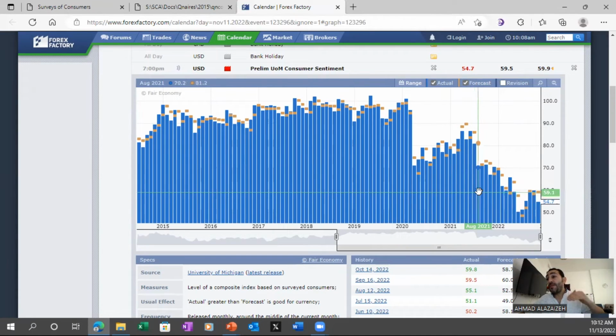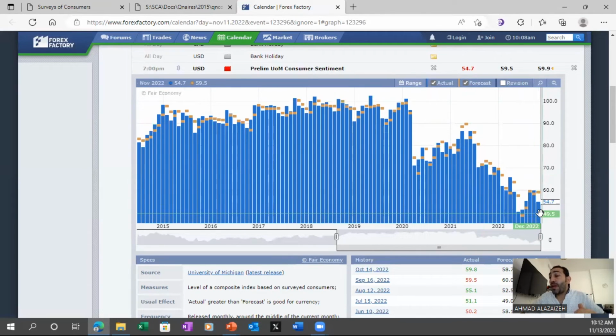So when these people put forecasting numbers, they are based on data which is not related to this index. However, when it comes to the actual, that is the actual answers of that questionnaire from the 500 or 600 consumers.